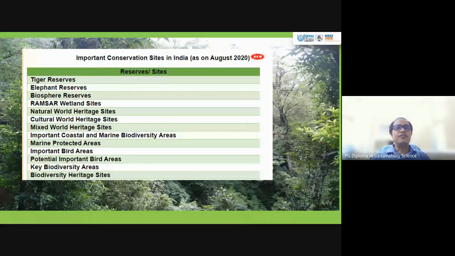If you look at the important conservation sites in India, we have Tiger Reserve, Elephant Reserve, Biosphere Reserve, Ramsar Wetland Site, Natural World Heritage Site, Cultural World Heritage Site, Mixed World Heritage Site, important coastal and marine biodiversity areas, important bird areas, potential important bird areas, key biodiversity areas, and biodiversity heritage sites. These are the categories under India's important conservation sites.